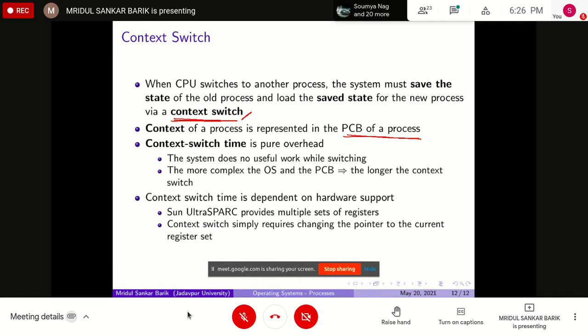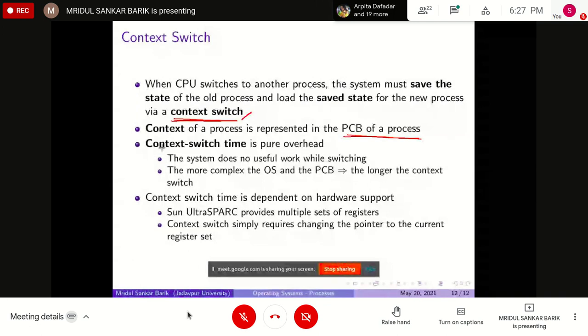So when the CPU switches from one process, say process A, to process B, then the context or the state of the currently running process A has to be saved in the PCB of process A. And if process B had executed earlier, then the saved state of process B has to be restored from the PCB of process B. So this is called context switch, and the time involved in that is called context switch time.